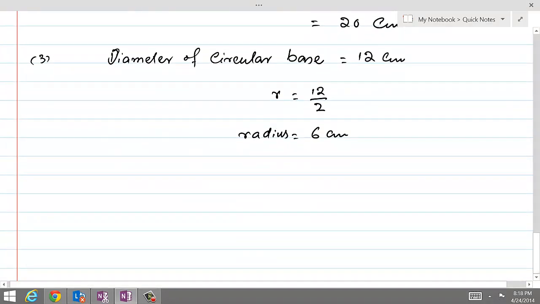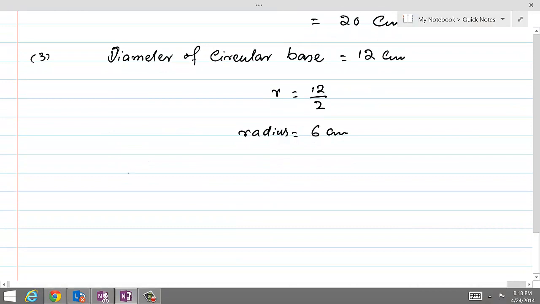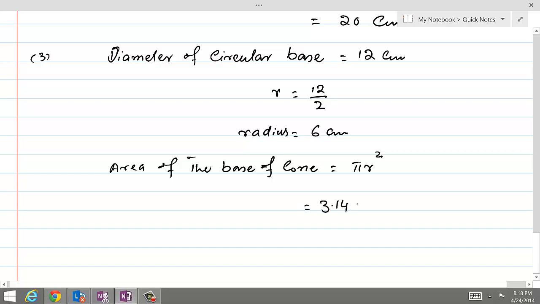So if we have the radius, then the area of the base of the cone is equal to pi r squared. So this would be equal to 3.14 times 6 squared.